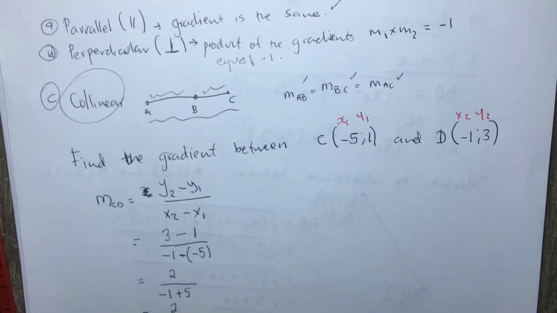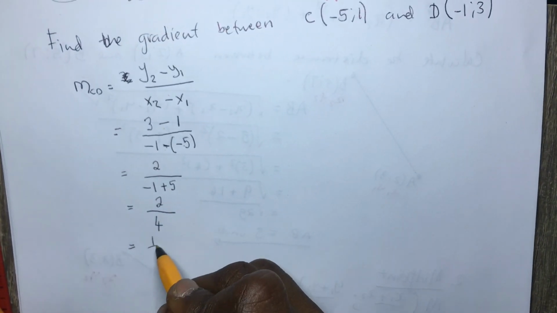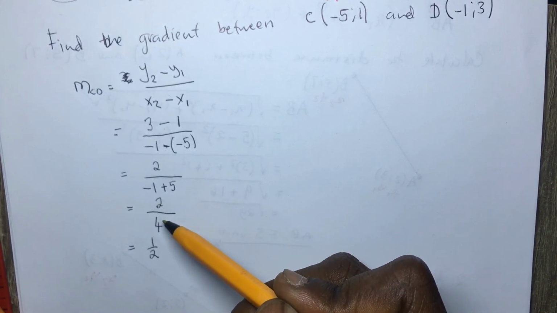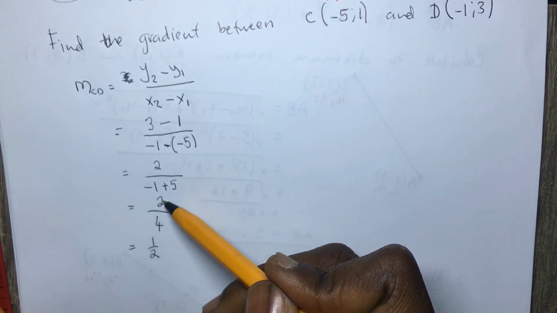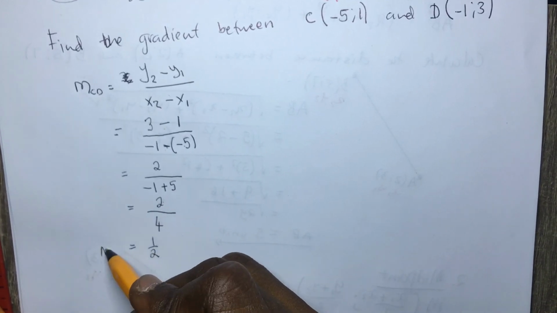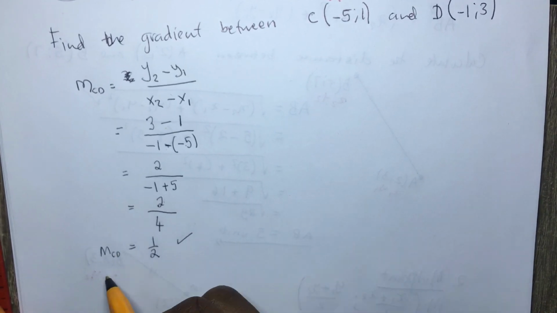Now you have to simplify that. Look for a number that can go into both of them without the remainder. It is 2. 2 goes into 2 once, and 2 goes into 4 twice. So the gradient between CD is actually 1 over 2.